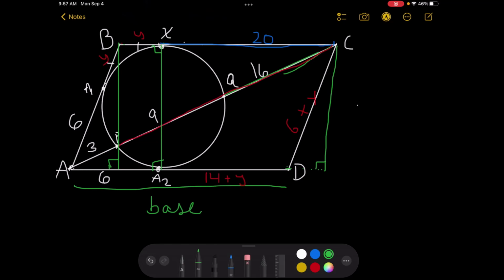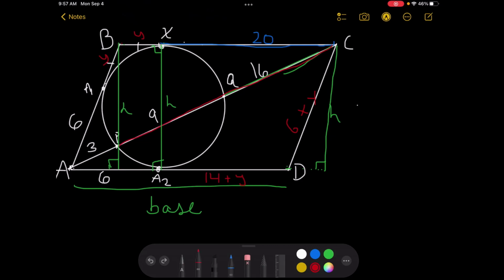And we know all the green segments we just drew are equal to the height of the circle. So I'm going to call that h. So this is h, that's h, that's h. And here we've made a rectangle over here with width y and length h. So this part is y.